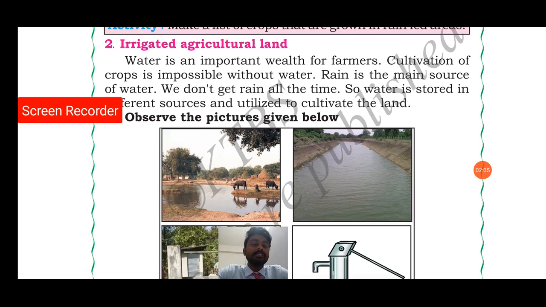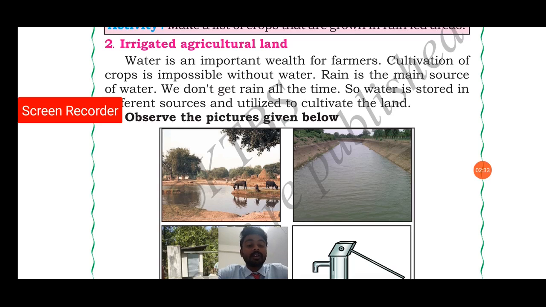The cultivation of a crop is impossible without water. Without water, we can't imagine an agriculture field, because cultivation of crops is impossible without water.